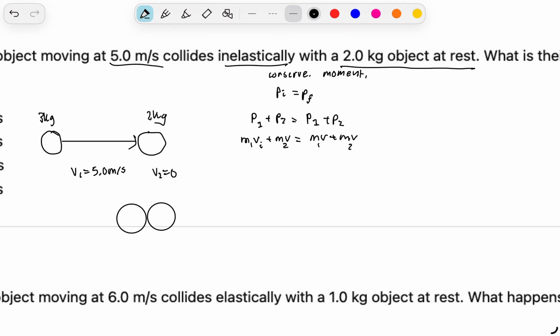initial. You could say 1 initial, or we'll just say initial on this side. We don't need to do that. So you can rewrite this as m1 plus m2 times vf. You can factor out that vf.